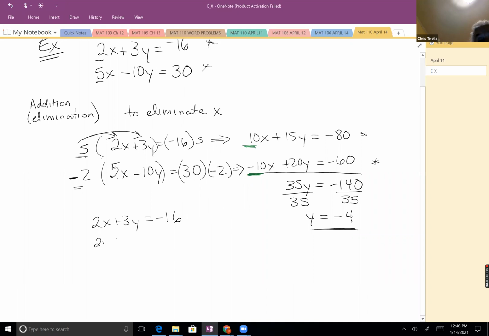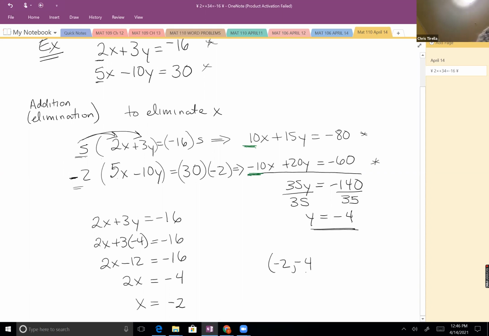That gives me 2x plus 3 times negative 4 equals negative 16, or 2x minus 12 equals negative 16. If I add 12 to both sides, I get 2x equals negative 4. And when I divide by 2, I get x equals negative 2. So my solution would be negative 2, negative 4.